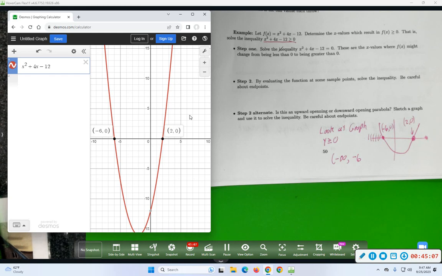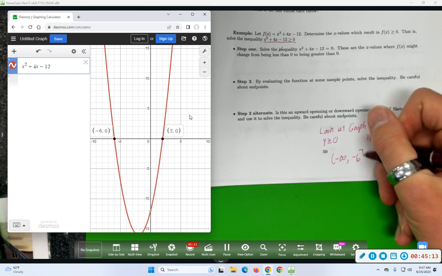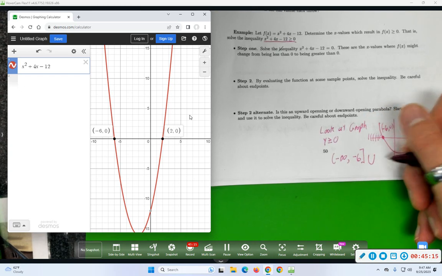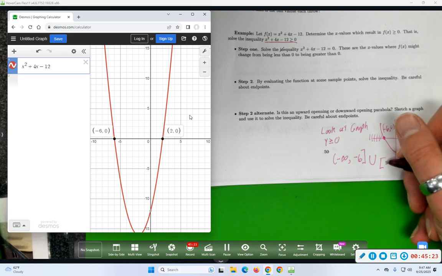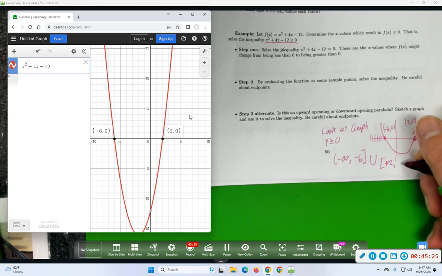Yeah, because it's a bigger than or equal to. Plug in negative 6, you get y equals 0. But 0 is bigger than or equal to 0, so it should be included. Together with, when does it start being bigger than or equal to 0 again? Negative 2? Positive 2. Yeah. And then does it stay positive forever?